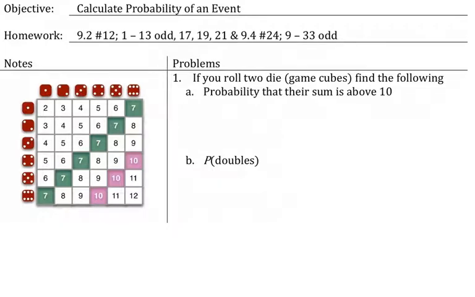Just to make things a little bit more streamlined, I've combined the two lessons into one. So you'll see in the homework category here that you have today's homework from 9.2 and then tomorrow's homework from 9.4.